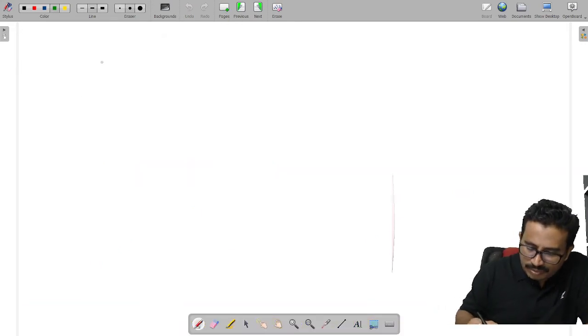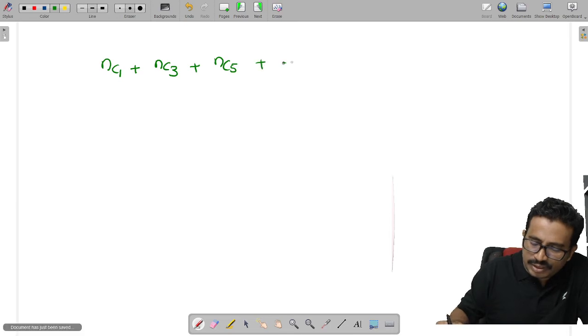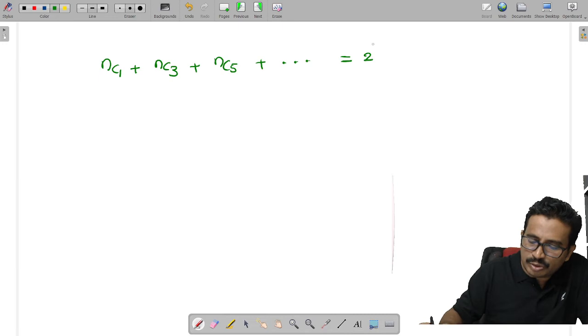As we know, nC1 plus nC3 plus nC5, like this, the sum of odd binomial coefficients is given as 2 power n minus 1.